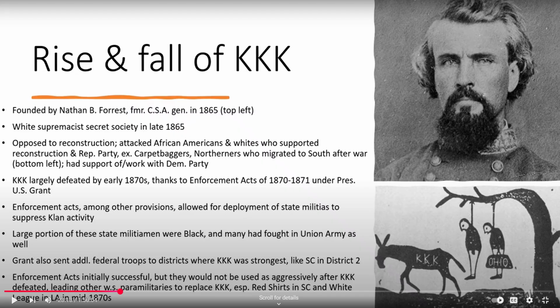So Grant also sent additional federal troops to the South, particularly to districts and places where the KKK was very strong, like South Carolina, which was District 2 of Reconstruction. And the enforcement acts initially were successful. The Klan was suppressed and largely defeated in the 1870s. The problem is, as the KKK dissolves, other paramilitaries will replace it, like the Red Shirts, for example, or the White League.